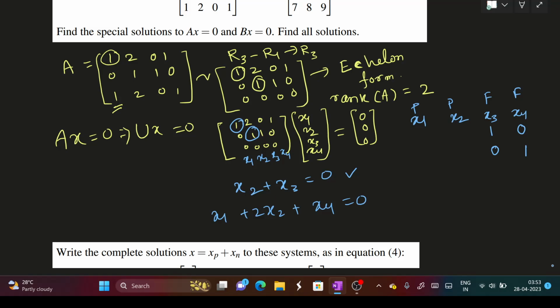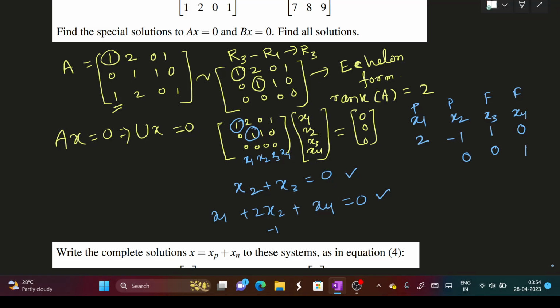So here x2 is minus 1, here it is 0. Now in this equation we substitute x2, x3, x4. So x3 we don't need, x2 is minus 1, x4 is 0. So it is plus 2.